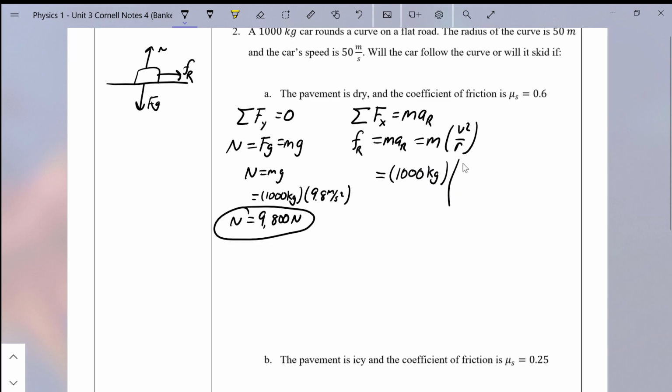We know mass is 1,000 kilograms. We also know that our velocity is 14 meters per second. We square that, and for r, it's going to be 8 meters.